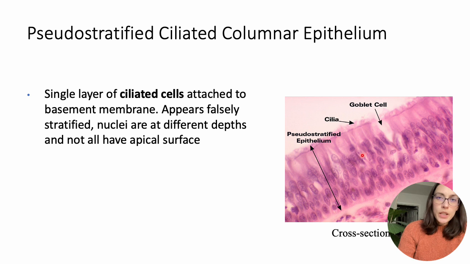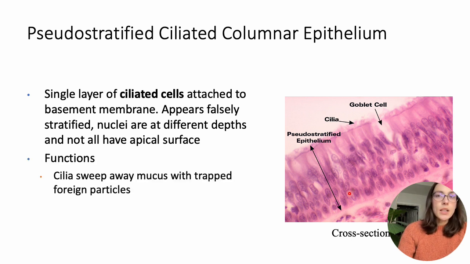And notice that the nuclei are definitely all over the place. It's very staggered looking in comparison to the sample that we had in the previous slide of the simple columnar epithelium. Okay. These types of tissues generally function to have their cilia sweep away mucus.